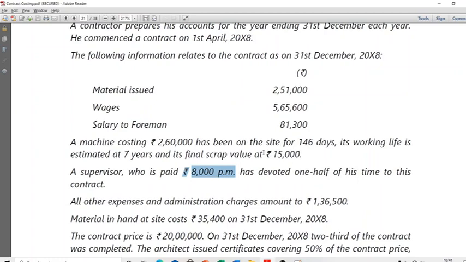So what is the depreciation? Cost minus salvage value by useful life. 2,60,000 minus 15,000 divided by 7 will give you the annual depreciation charge. But the entire amount is not something that you will go and debit in your contract account, because this machine was used in the site for the contract only for 146 days. So the annual amount, once you calculate into 146 by 365, will give you proportionate charge which you will debit in the contract account.